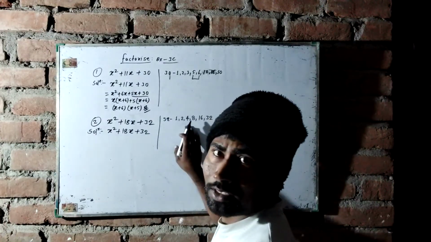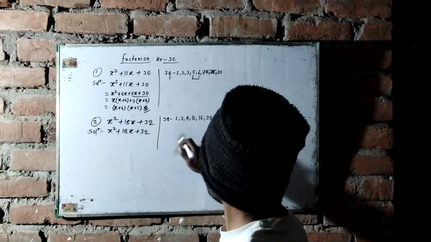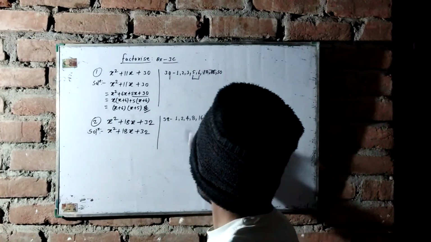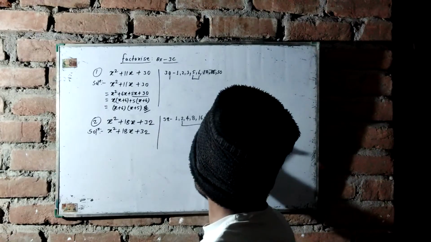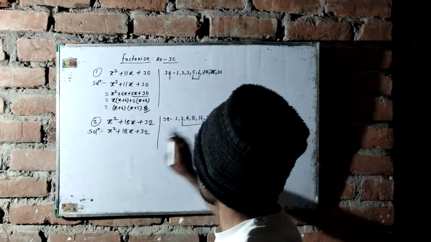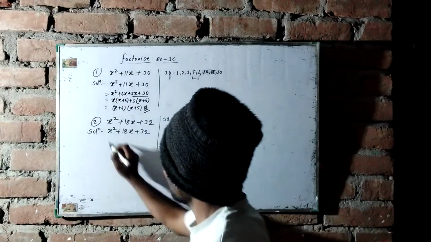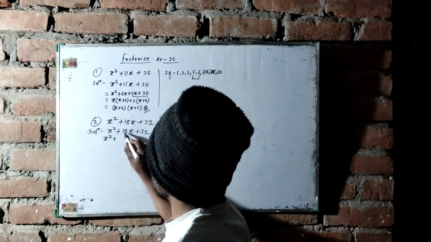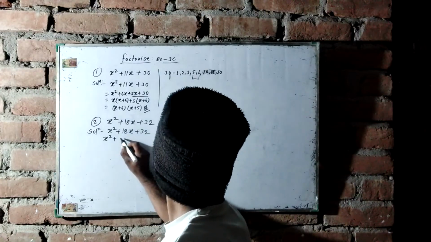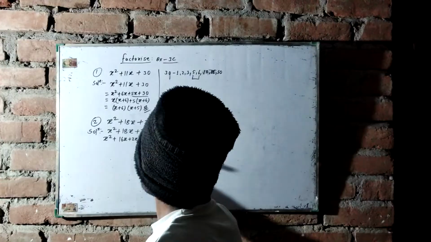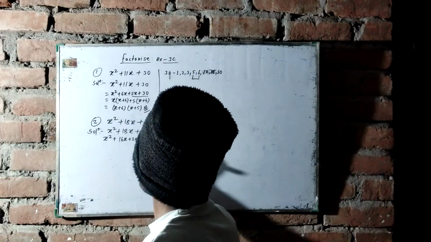What you can see. Here we can see 2 and 16 whose sum is 18 and product will be 32. So we can write x square, 18x can be written as 16x plus 2x plus 32.